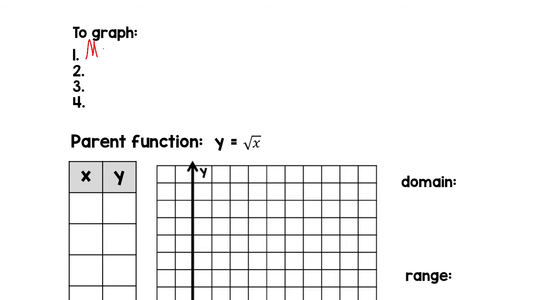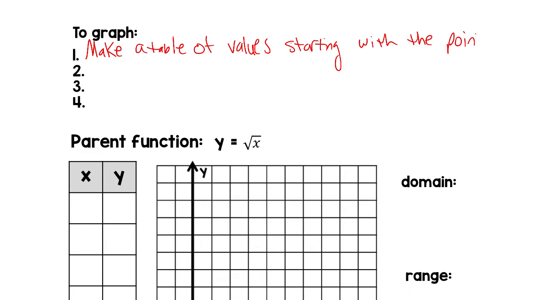So steps to making a graph. Step one, make a table. Always make a table of values starting with the point (h, k). That's always going to be point number one when we make these graphs. Number two, calculate more ordered pairs for the table.